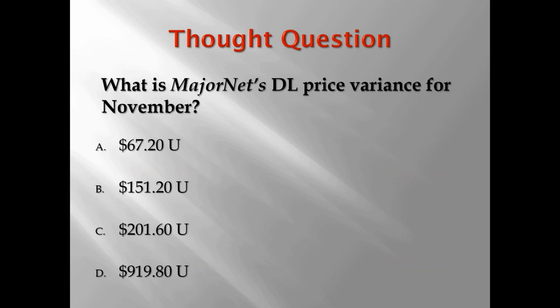So, my first question to you is, what is Medinet's direct labor price variance for November? Take a minute to answer this question, and then we'll look at the solutions.